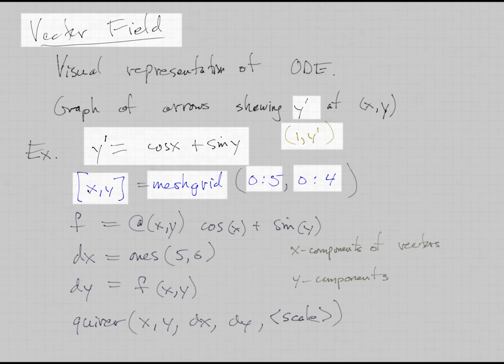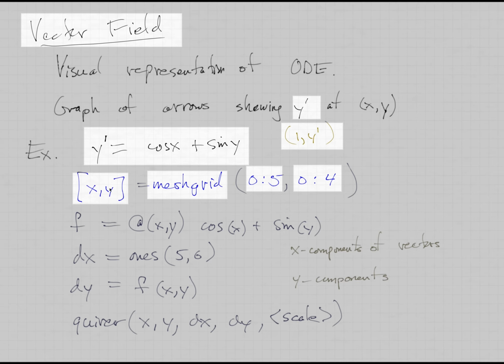The first row of the x matrix will be the numbers 0, 1, 2, 3, 4, 5, because the first row will represent the coordinates along the x-axis itself when y equals 0. Now, all the successive rows of the x matrix will be exactly the same. They'll all be 0, 1, 2, 3, 4, 5. Whereas the y matrix is going to represent the y coordinates, so that'll work a little differently.